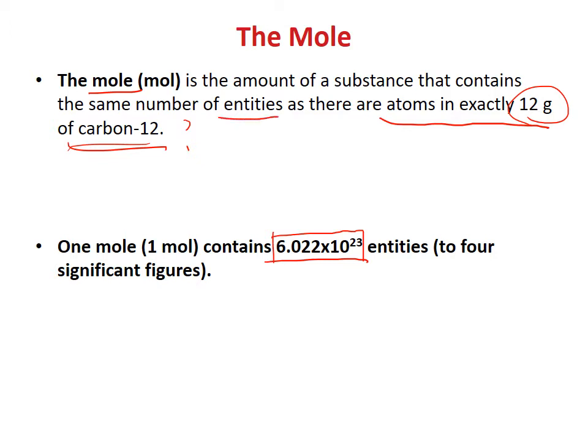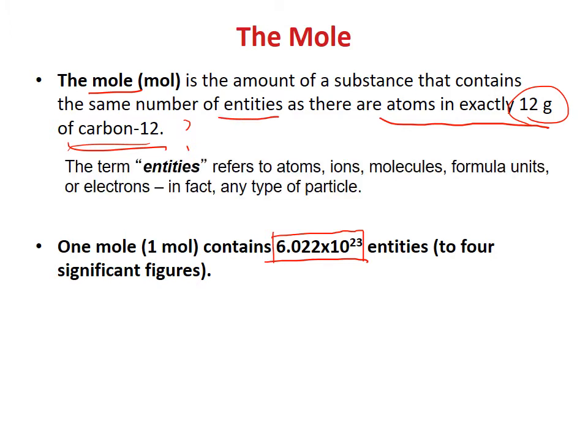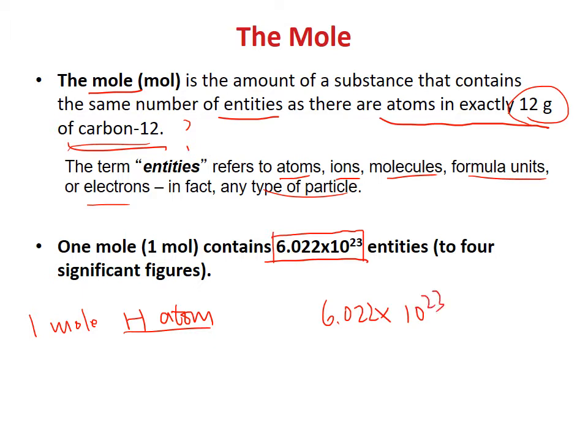The entities refer to atoms, ions, molecules, formula units, electrons, or any type of particle. For example, we can say 1 mole of hydrogen atom. So the entity is a hydrogen atom. So that means we have 6.022 times 10 to the 23rd hydrogen atoms.